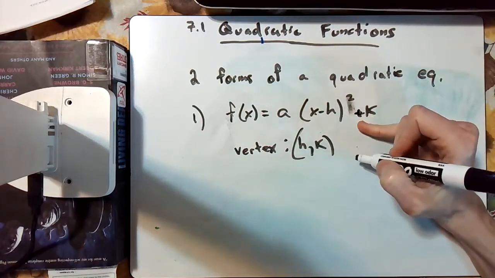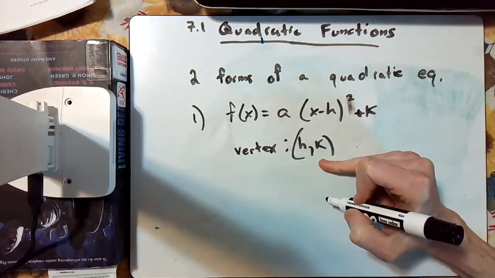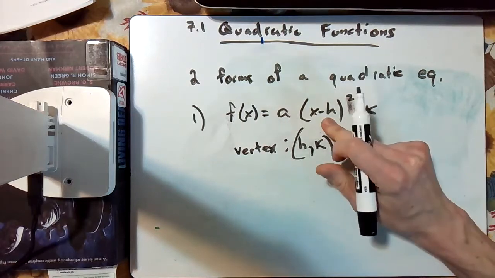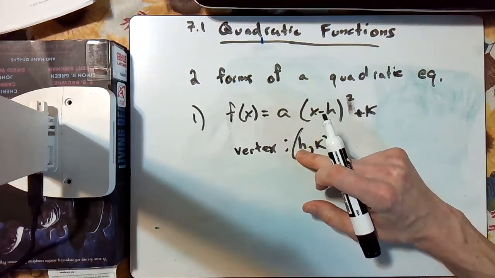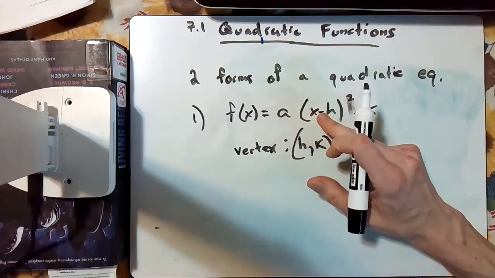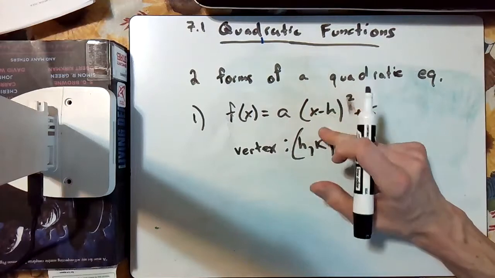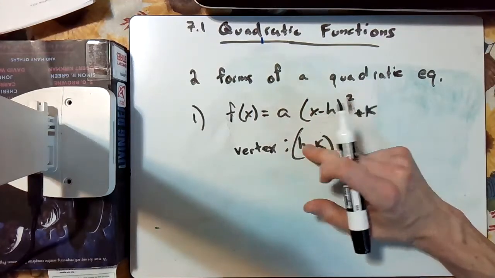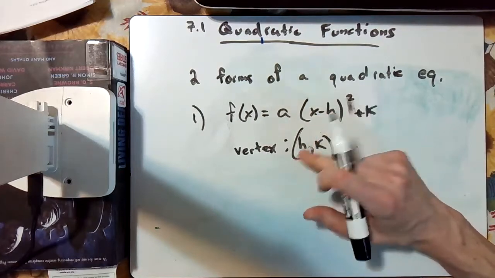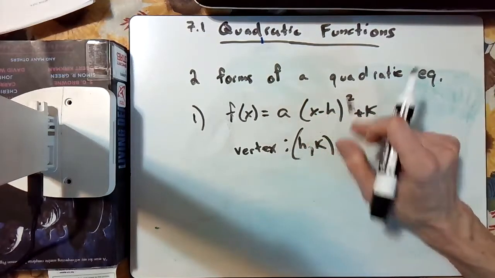So if that was minus k, if you shifted down, like -5, you would go 5 down along the y. For the h, remember, you go in the opposite direction. That's why this is plus h right here. If this is like x plus 4 squared, you would go to the left 4. So remember, you flip the sign for the h always. The k stays the same.